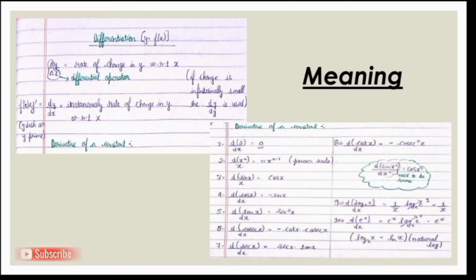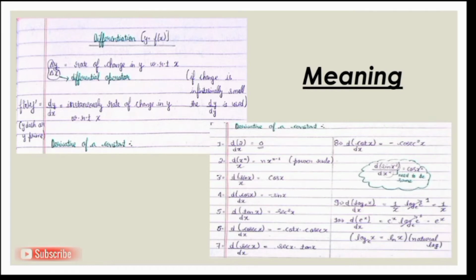The differentiation of e to the power x is e to the power x times log e to the base e, which evaluates to 1. So the final answer is e to the power x. Note that log x to the base e evaluates to ln x, which is the natural log. Also note that the log with base 10 is the common log and with base e is the natural log.